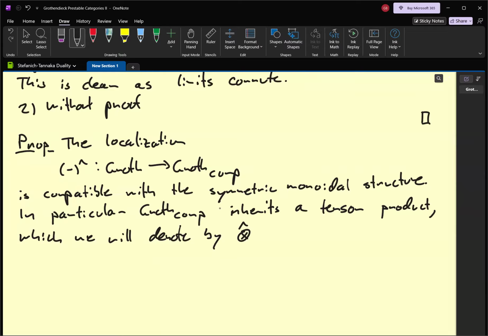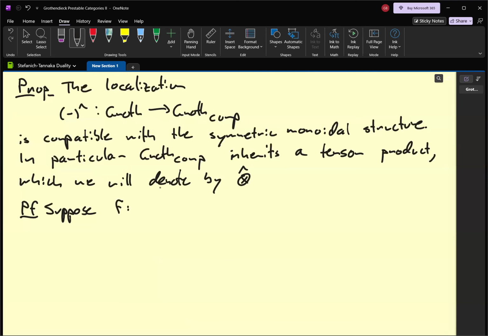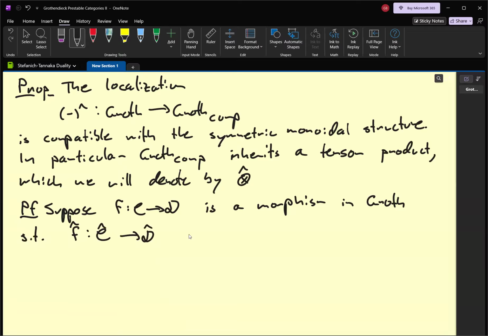So this is like the usual thing we have to check. So suppose f from C to D is a morphism in Groth such that it's an equivalence on completion, such that f hat from C hat to D hat is an equivalence.